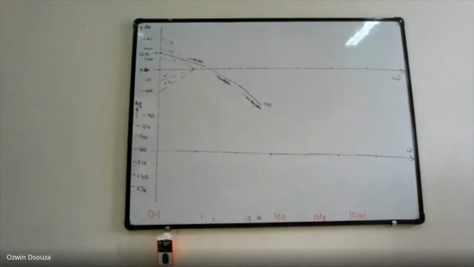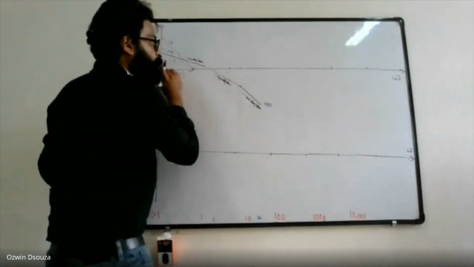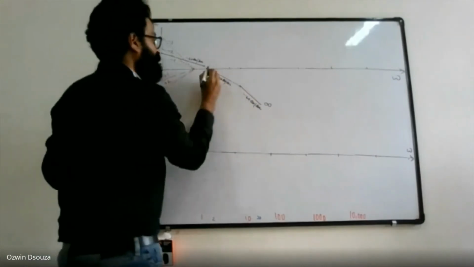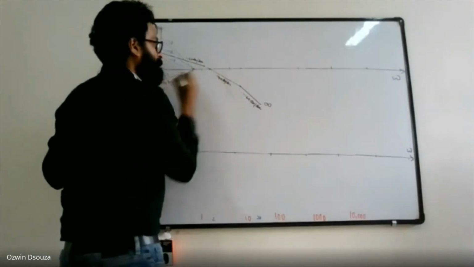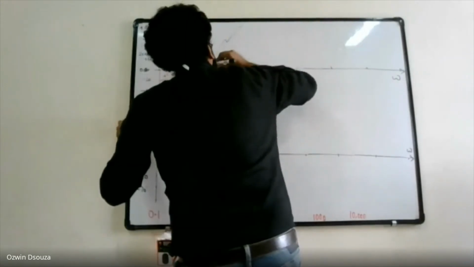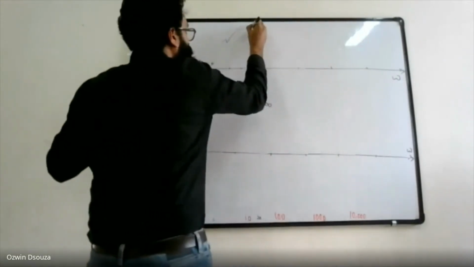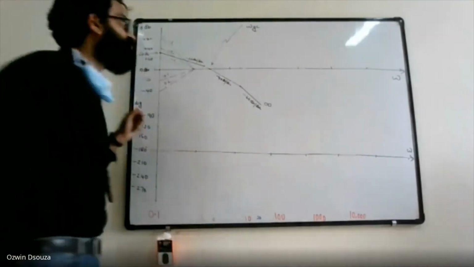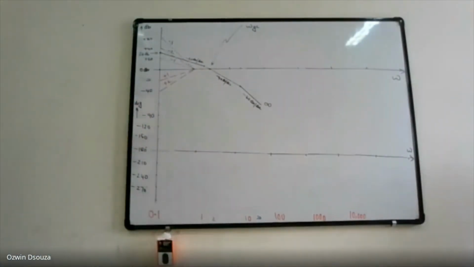Right. Now what is happening? Your magnitude plot is cutting the 0 dB line at this value. So this value is called omega GC, which is called the gain crossover frequency.